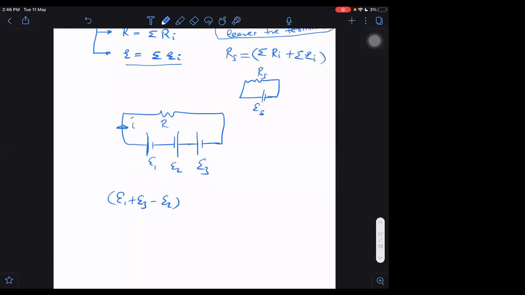So this point is, I think, clear to you now. Why am I taking E2 negative? The reason is this current which I have assumed will be entering the positive terminal of E2, so E2 has to be taken with negative sign here.